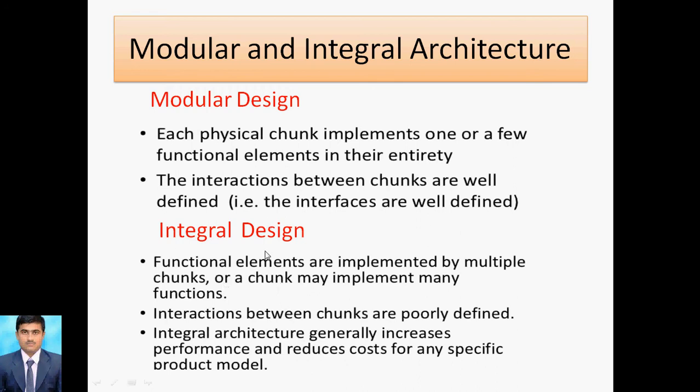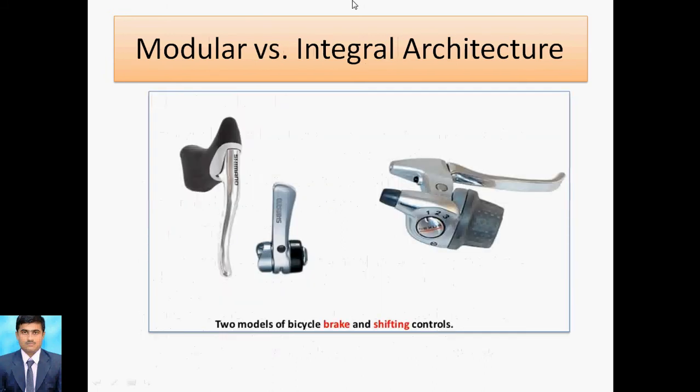So this is the difference between modular design and integral design. So this is the example for modular design and integral design. In modular design, the brake system and shifting control are the two parameters, or two components. But in integral architecture, we can attach them in one way.